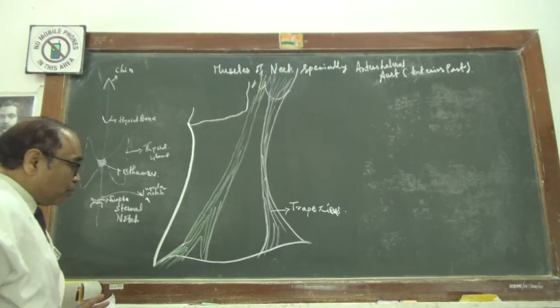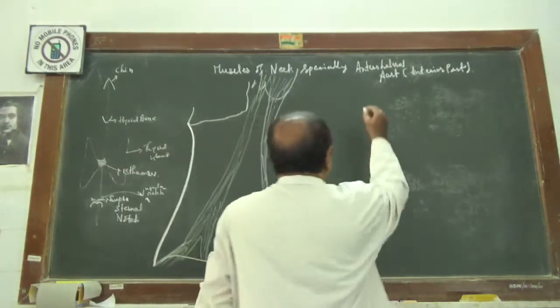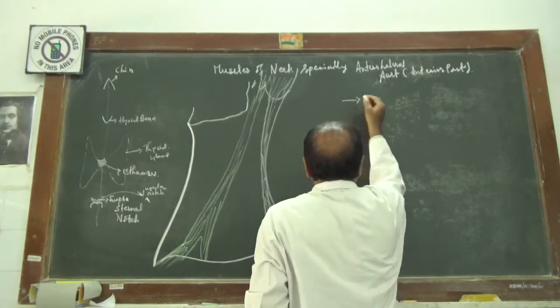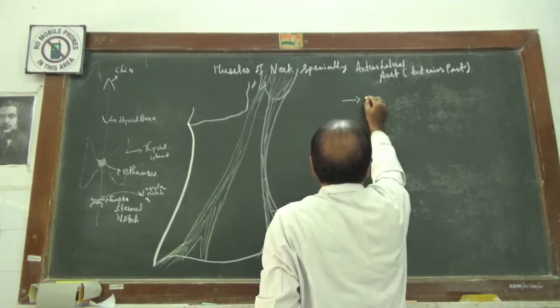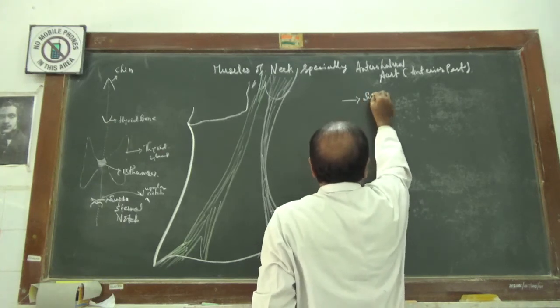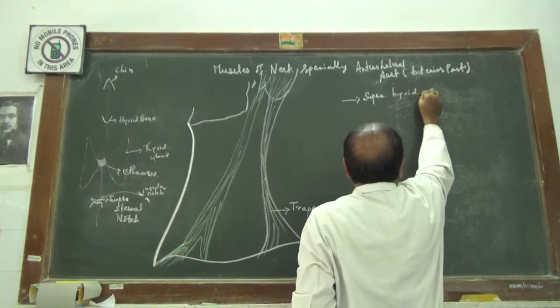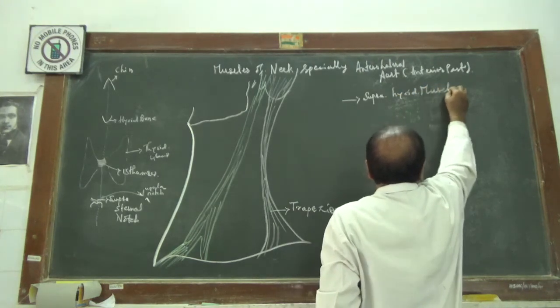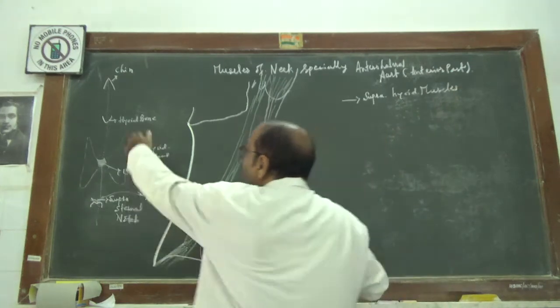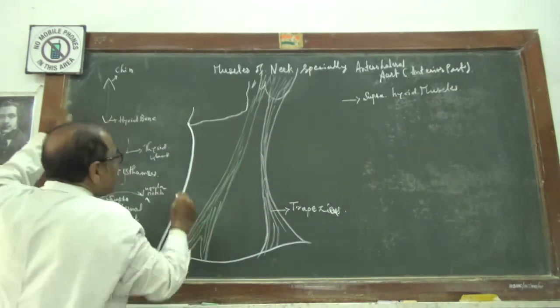Now, with that, you will do the division of the muscles into two. One is the suprahyoid muscles, which are there above the hyoid. So this hyoid bone you have to locate.